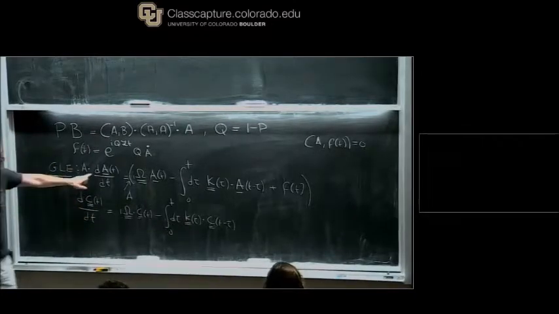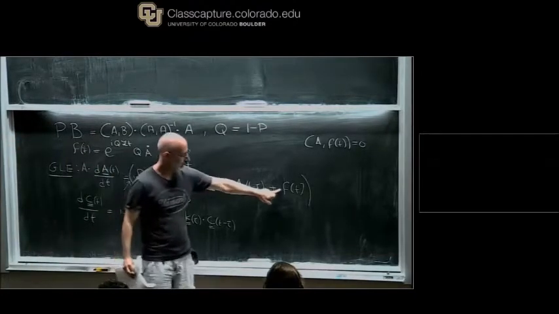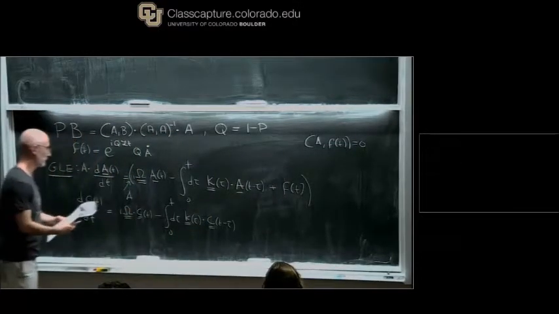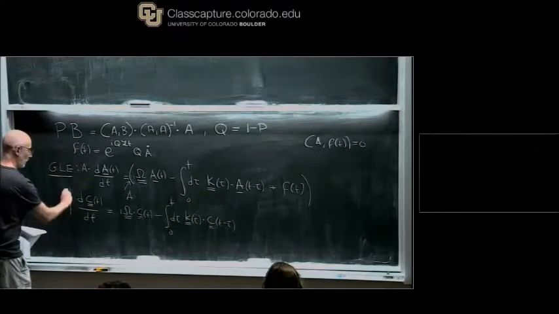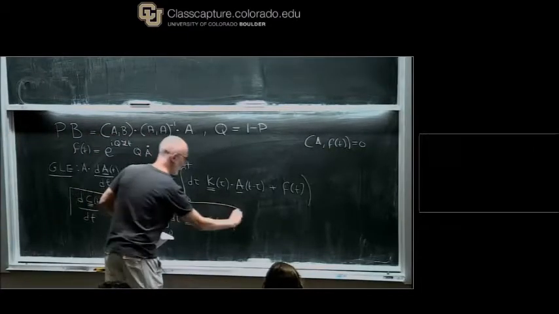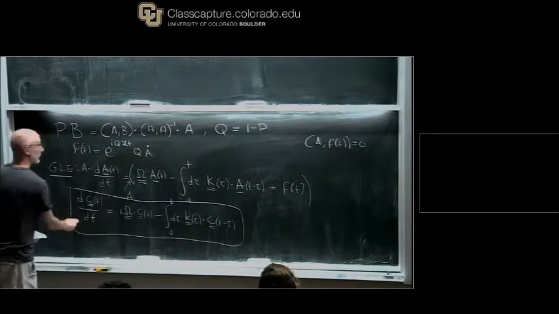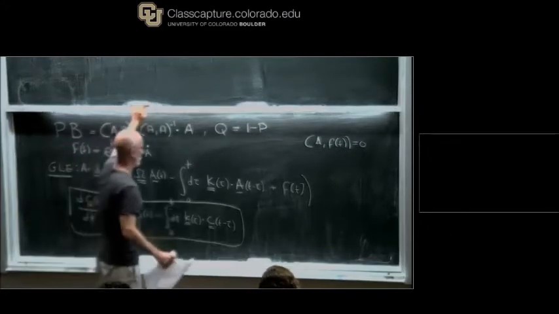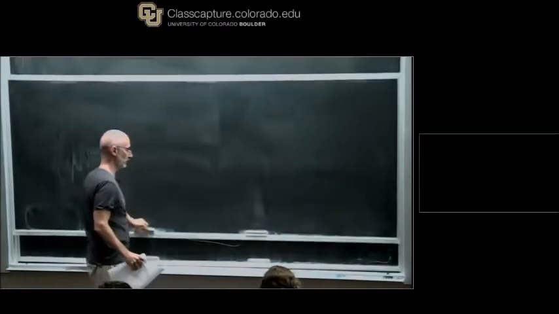Right? So when we multiply by A, the inner product of A and the fluctuating force is 0, and this term goes away. And so this is our starting point equation for our analysis. And the definition of the memory function, which is very important.